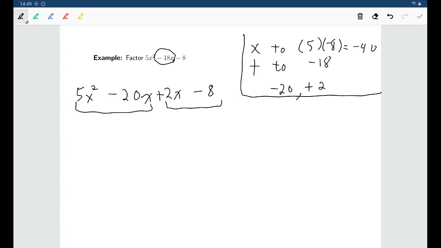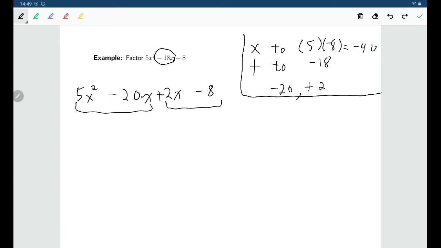Now, the nice thing is here, if we found these 2 numbers correctly, if I haven't made a mistake finding my 2 numbers, then factoring by grouping will work. So I have kind of a little bit of a guarantee here. If I did find the right numbers, I will be able to do factoring by grouping.